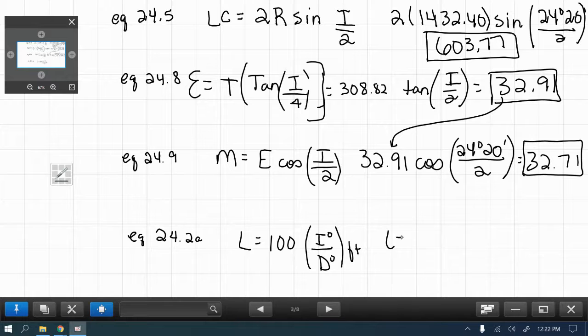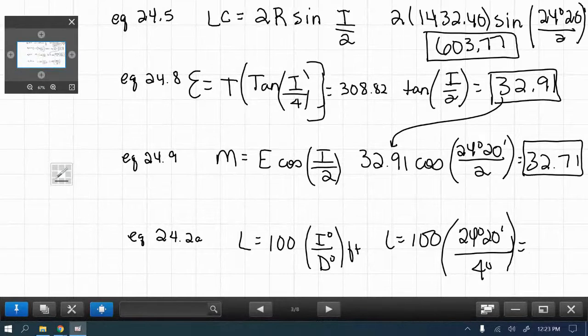So it'll be L equals 100 times I, 24 degrees 20 minutes, over 4 degrees, which is my D. You should get 608.33. I want to double check it.